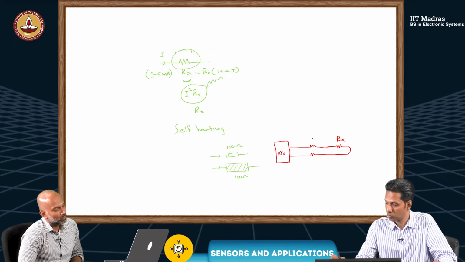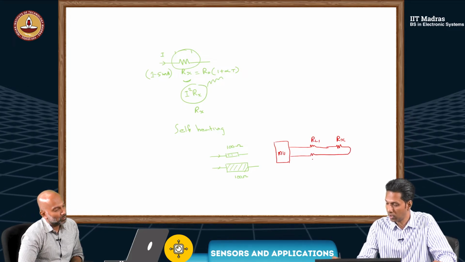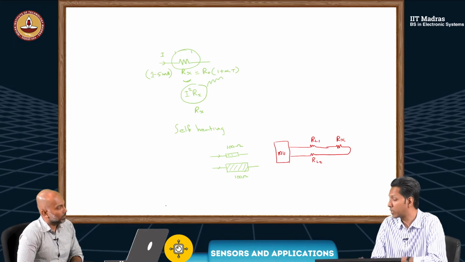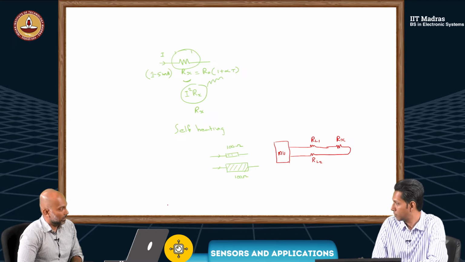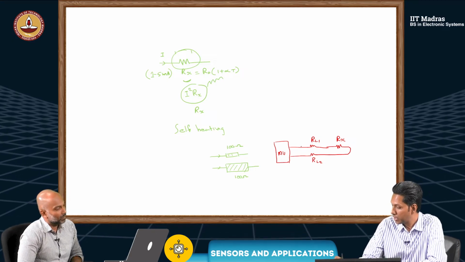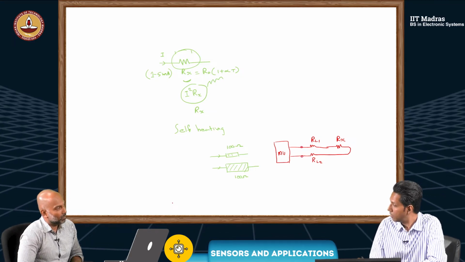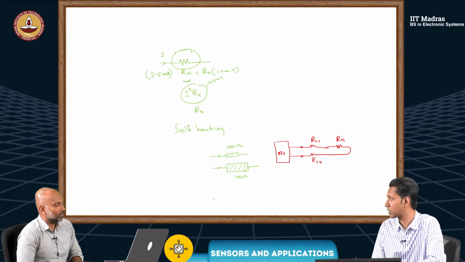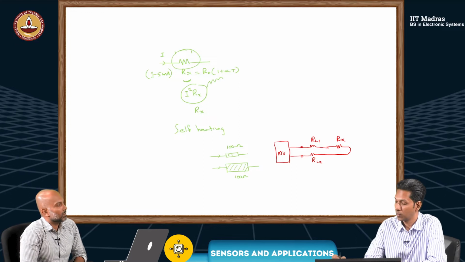So there is maybe RL1 and RL2, the lead wire resistors, or the resistance due to the lead wire. Now, if you are measuring at these 2 points, we will be seeing RX plus RL1 plus RL2.